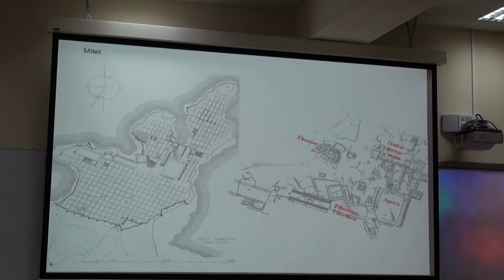So the city that we've seen before was also a place with a number of identical elements that make up the city, and one of them was this square where trade happened. So you could go from the port to what in Greece was called the agora.